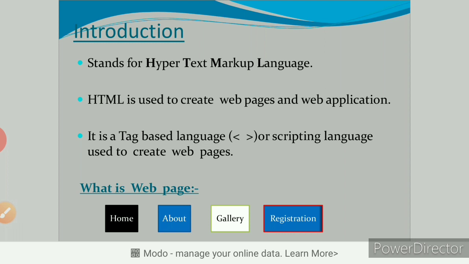Yes, you see a lot of pages on it and these are called web pages, where different information is stored in different pages. When you click on this about, you can get information about the website.